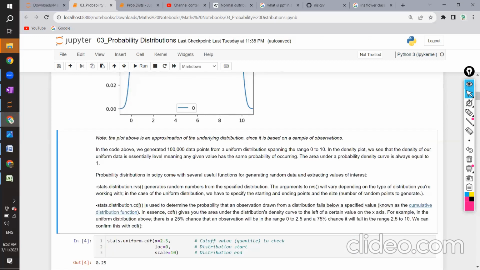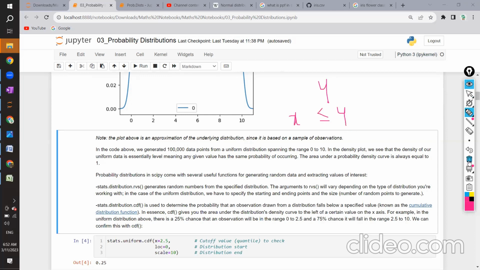Now the stats.distribution.cdf. You remember the CDF, the cumulative distribution, is used to determine the probability that an observation drawn from the distribution falls below a specific value. If you're asking for 4, it will tell you what is the probability that we are going to find a value x less than or equal to 4.